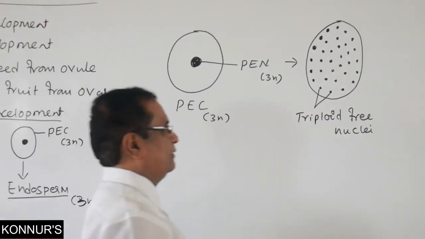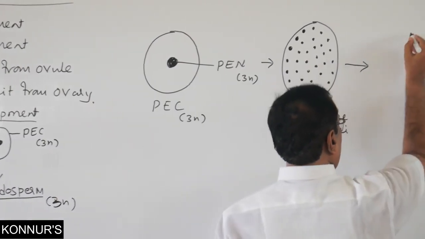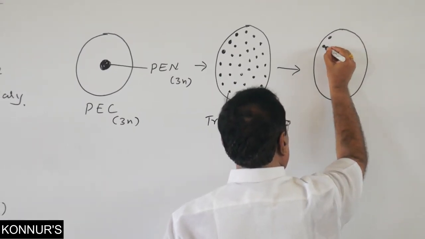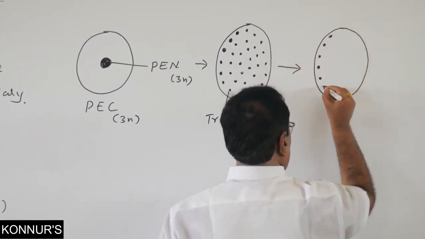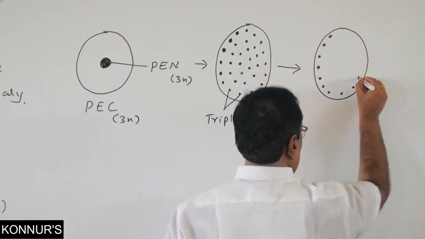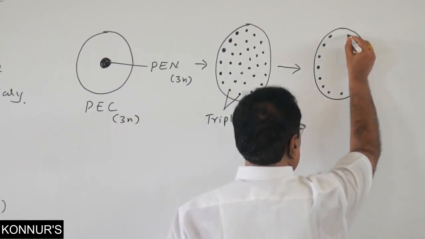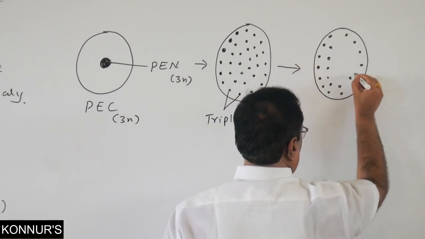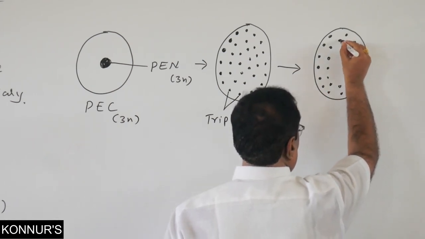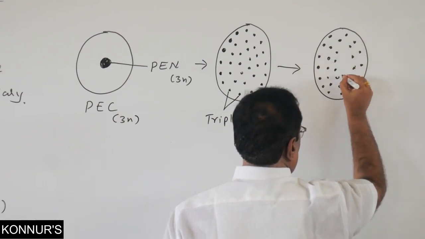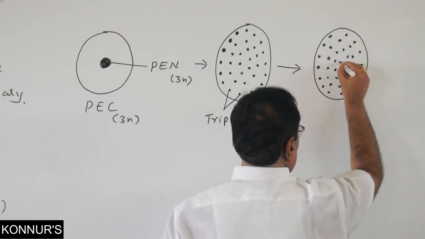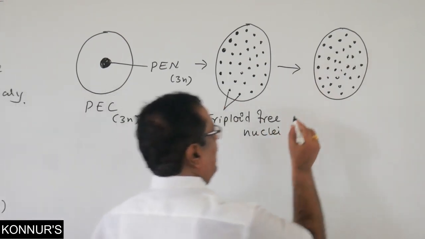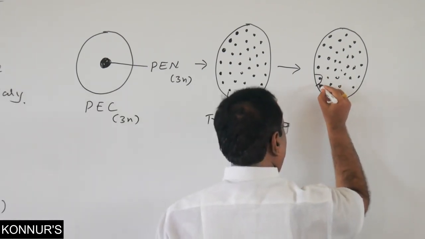Gradually, what happens is a cell wall will be formed around these free nuclei like this.